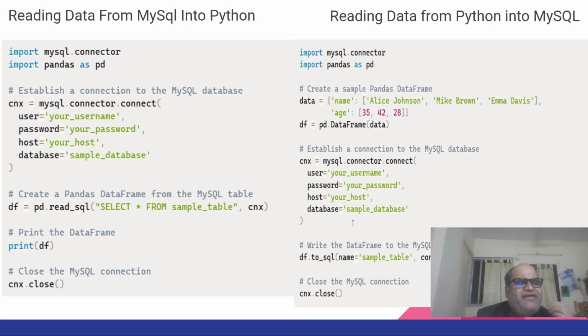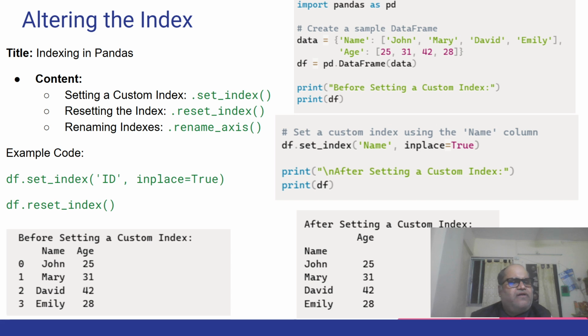Now we'll come back to the altering the index part. Sometimes you might need to set a column as the index for easier referencing, or need to reset it back to a default integer based index.